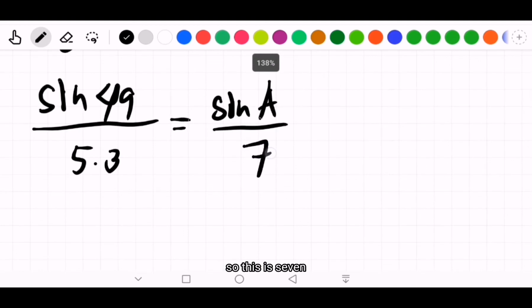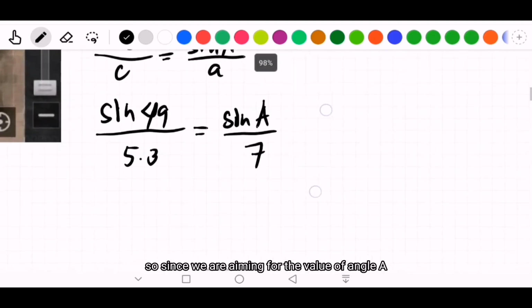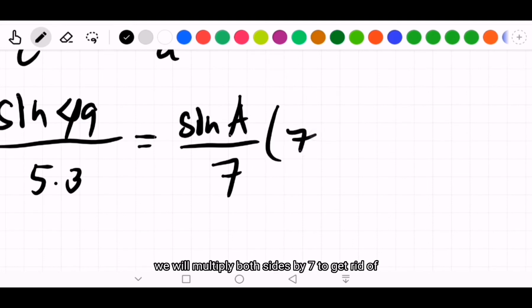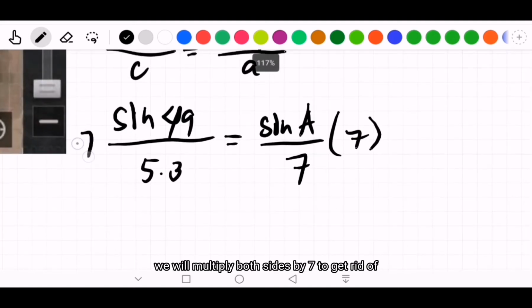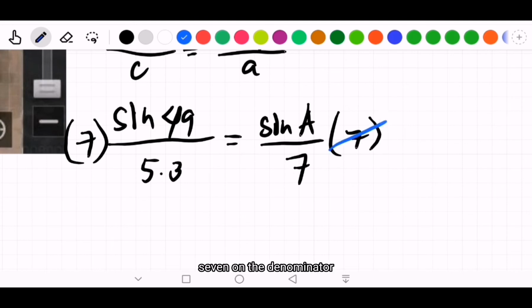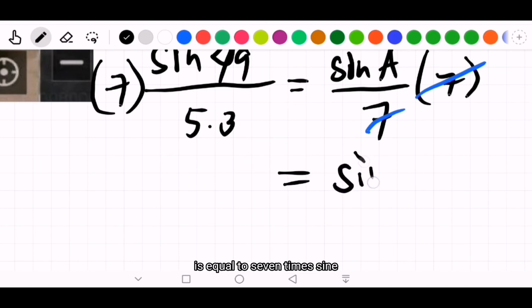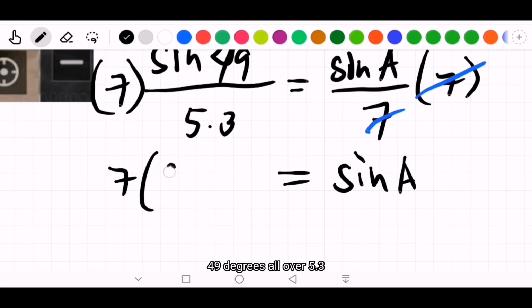Since we're aiming for the value of angle A, we'll multiply both sides by 7 to get rid of 7 on the denominator. So we have here sine of angle A is equal to 7 times sine 49 degrees all over 5.3.